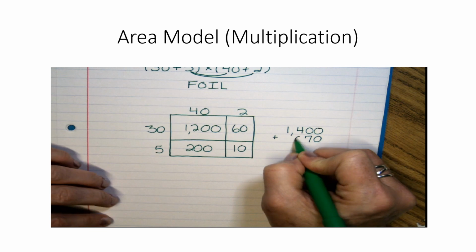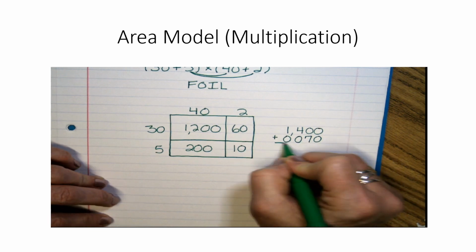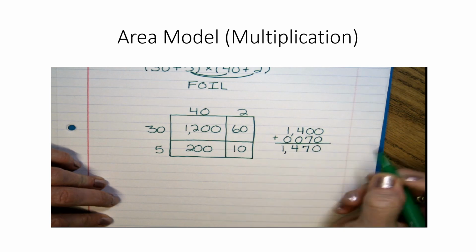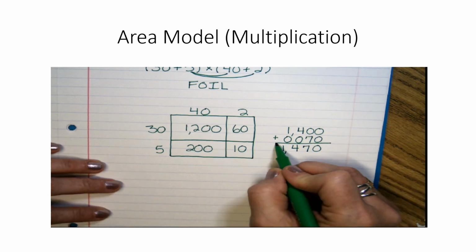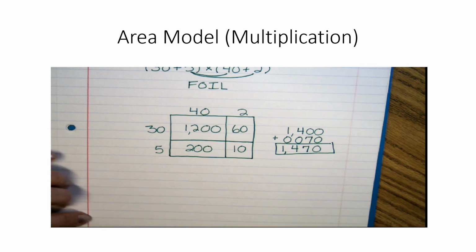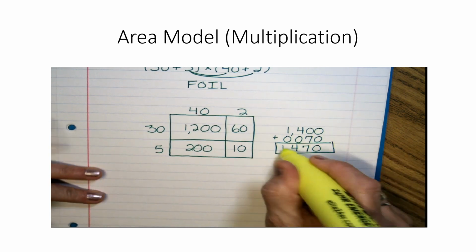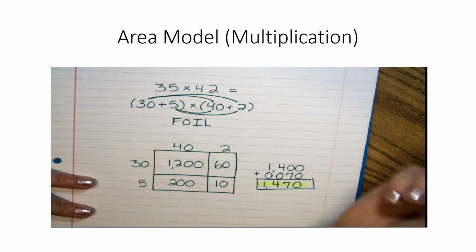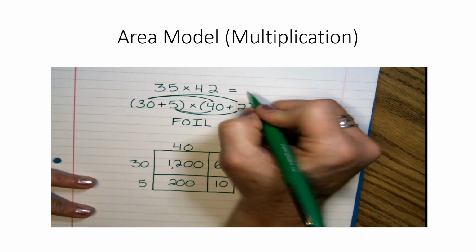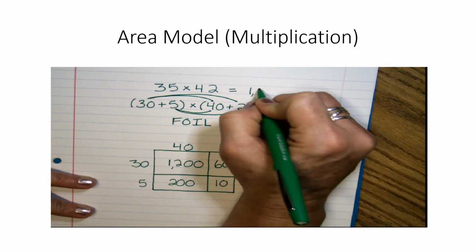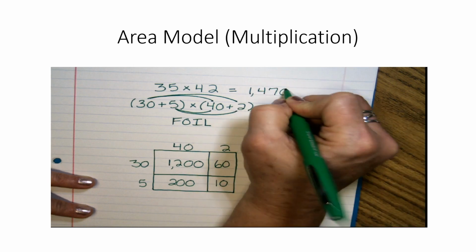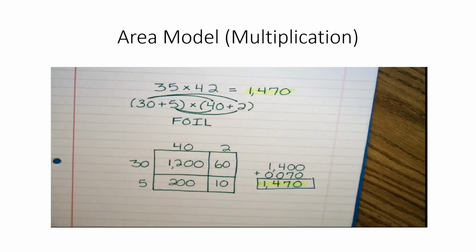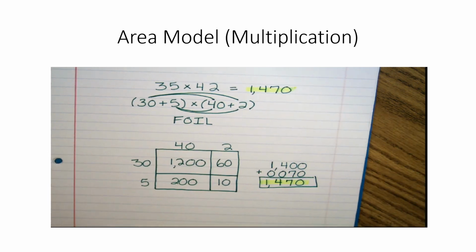And then we're just going to show our addition over to the side, and we get a final product of 1,470. So then we can take that back to our original problem of 35 times 42, and our final answer is going to be 1,470. That is how we use the area model in multiplication.